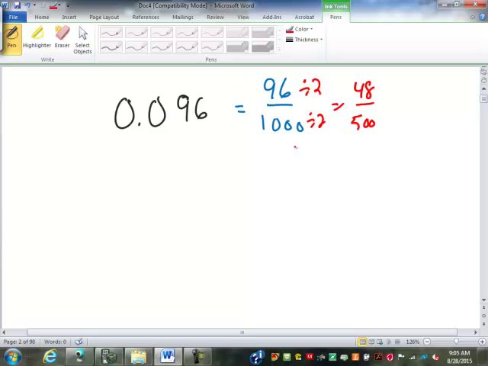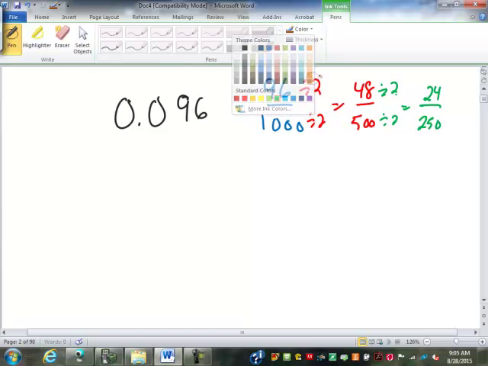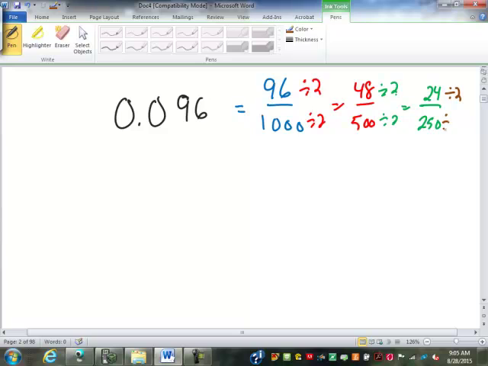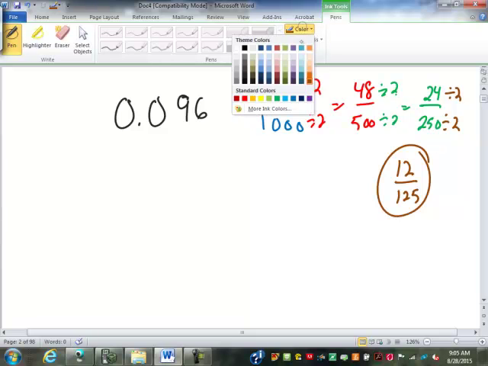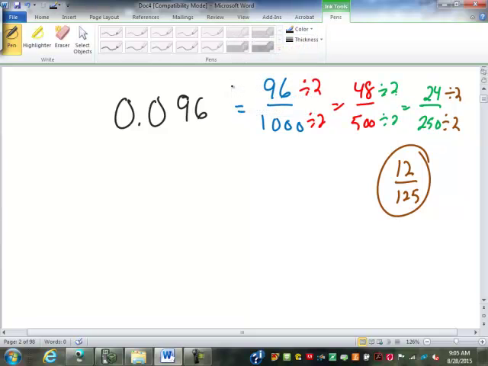Can 1,000 be divided by 3? No, not quite. We divide by 2 again. 24 over 250. 2 again. You get 12 over 125, and that's as far as you can go right there. 3 doesn't go into 1,000, like I said. You can try if you want to; 3 goes in there, there's just some left over.